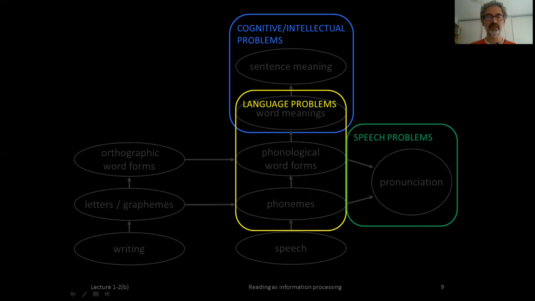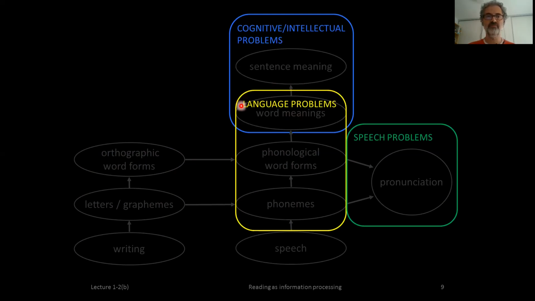Now, a completely different area here concerns cognitive or intellectual problems. And these have to do with the understanding of meanings, which includes word meanings and their relationships to one another and their relationships to everything else that you know in your entire conceptual world. You will see that it's not possible to completely separate language from general intellectual problems when it comes to understanding up here.